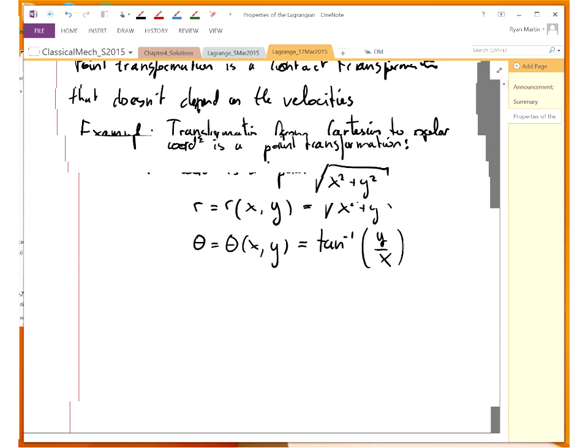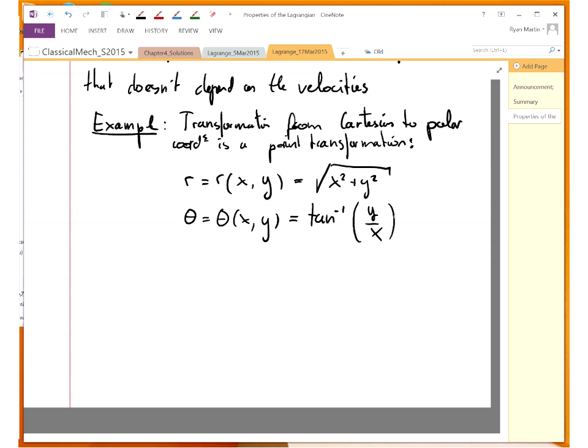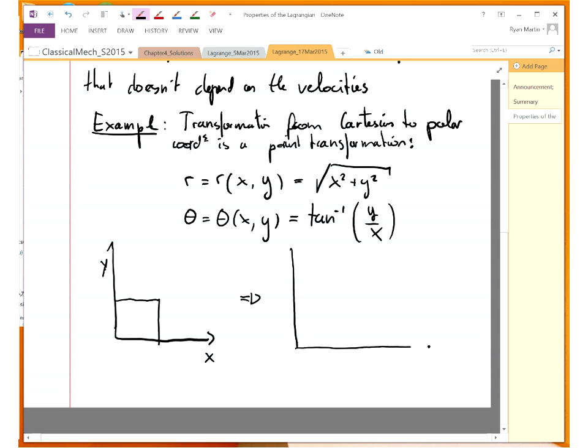So some of the properties of these point transformations, if I draw, for example, a square in Cartesian coordinates, then that maps in polar coordinates.